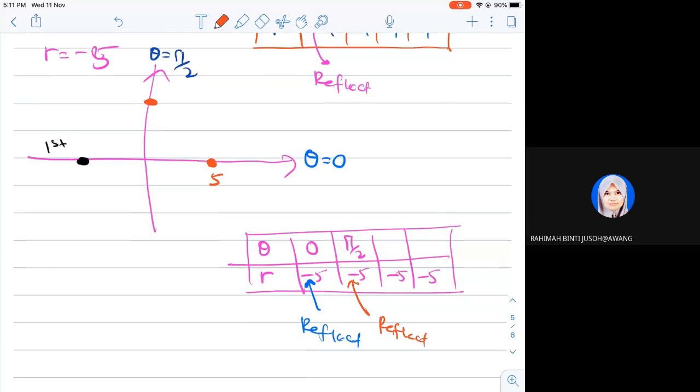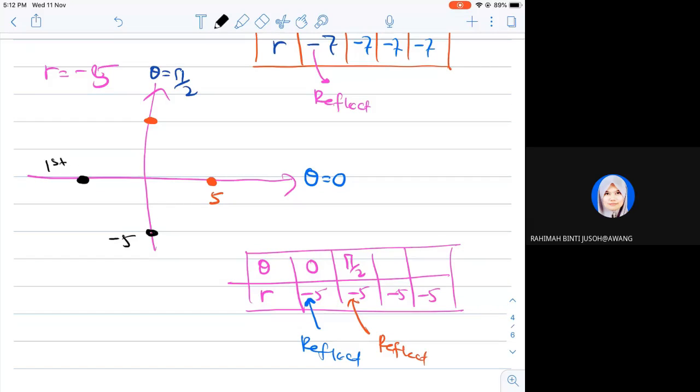Bila reflect, bermaksud you kena reflect ke bawah. Negative 5, dia duduk bawah, sebab you reflect point atas tu ke bawah. Okay, this is the second point. Understand, guys? Yes.